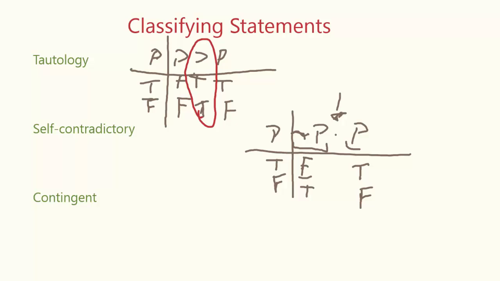Well, we can see that our left conjunct is false in the first case, so the conjunction is false. And we see that the right conjunct is false in the second case, so it's false. And we can see that this sentence can never be true. It's always false. So it's a logical falsehood, or as we say, it's self-contradictory.